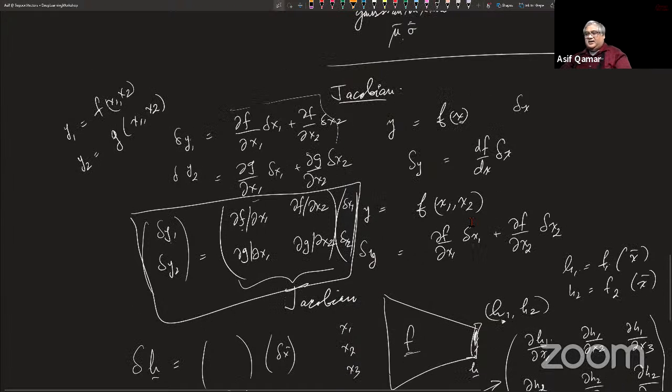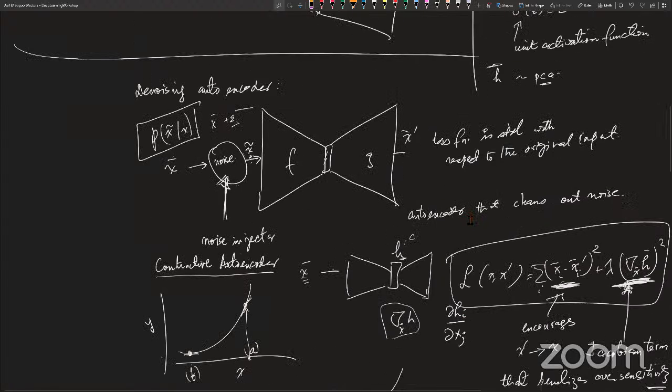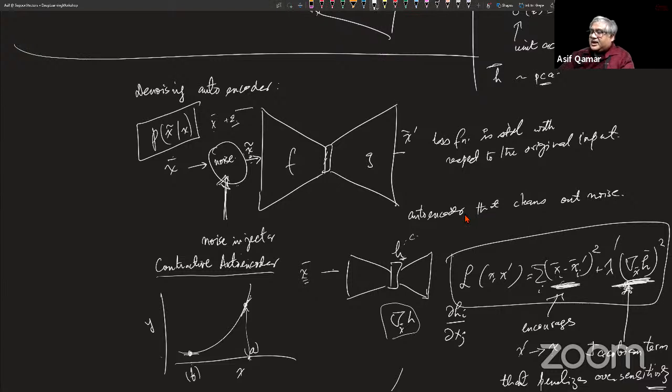Good point. The question is about the suppression part: if we keep the term larger, that means it will be less sensitive. So see what happens: if lambda is very strong, it is emphasizing insensitivity.